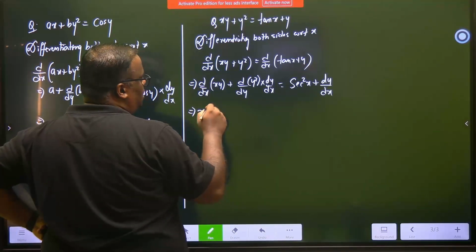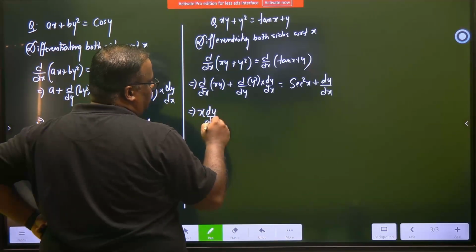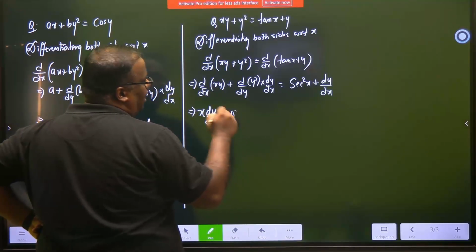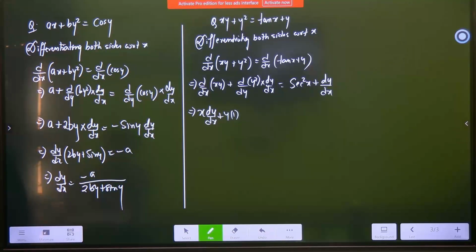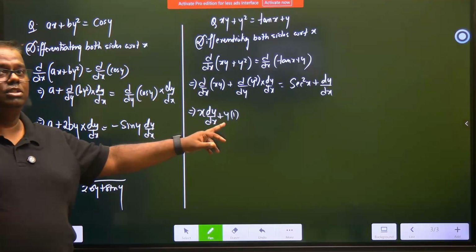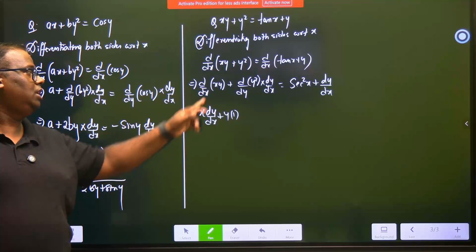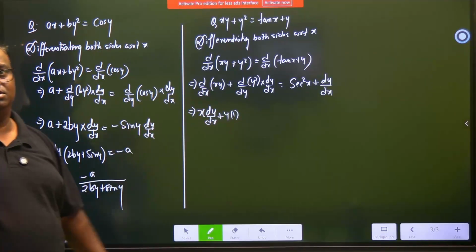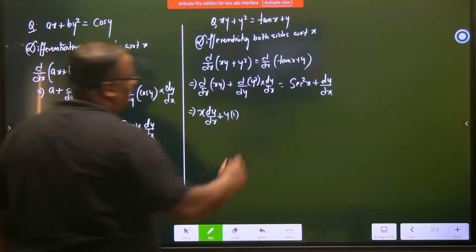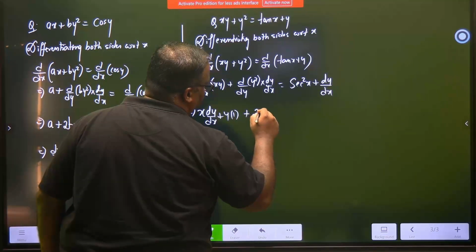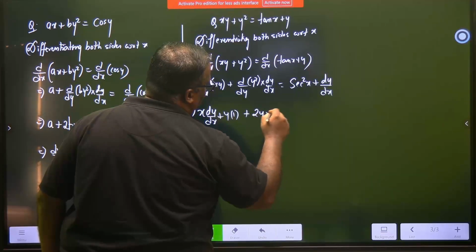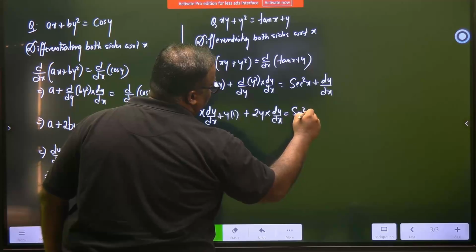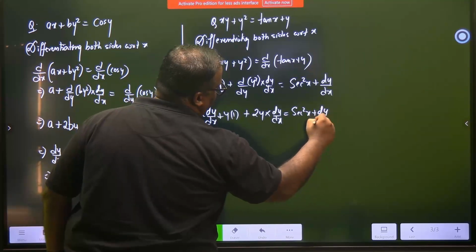First function into differential of second function plus second function into d/dx of x, which is 1. Did you understand this step or not? Here we get 2y into dy by dx is equal to sec square x plus dy by dx.